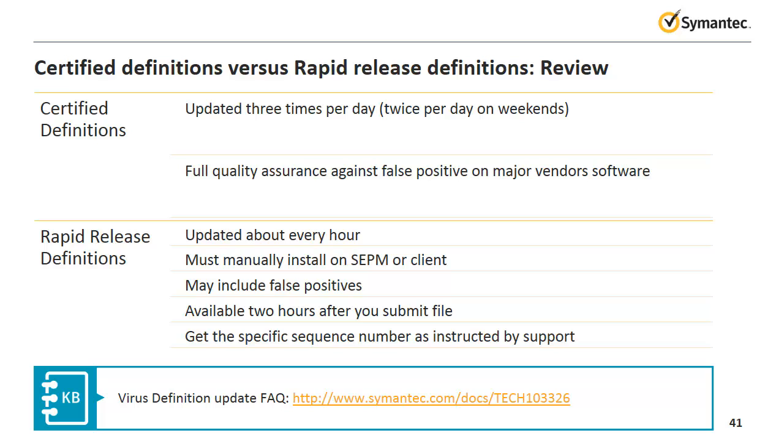While Symantec Security Response makes every effort to ensure that all virus definitions function correctly, you should understand that rapid release definitions do pose some risk, such as higher potential for false positives. Rapid release definitions are most useful for perimeter defense or for all protection tiers as a means of mitigating a fast-spreading virus outbreak. For more information on rapid release definitions, see the KB listed on the screen.